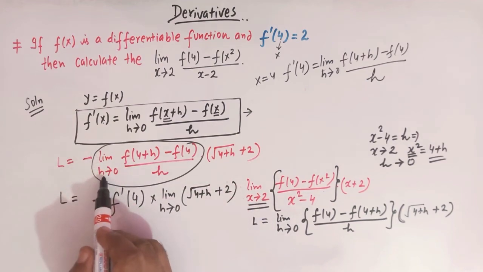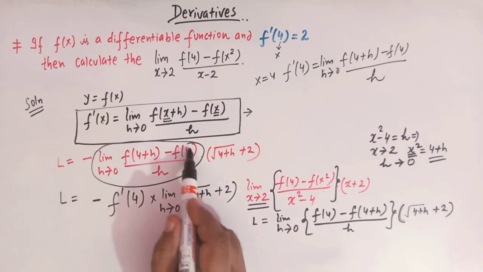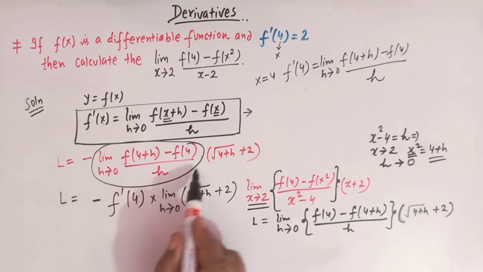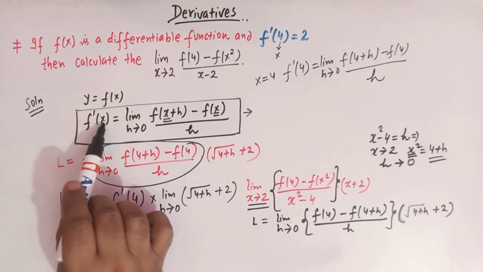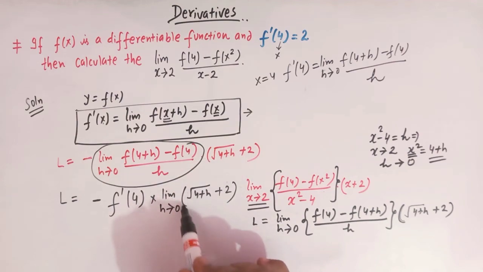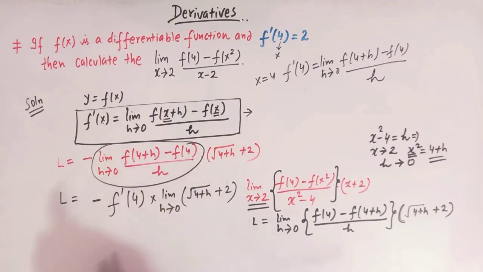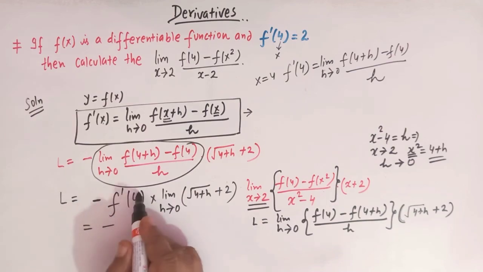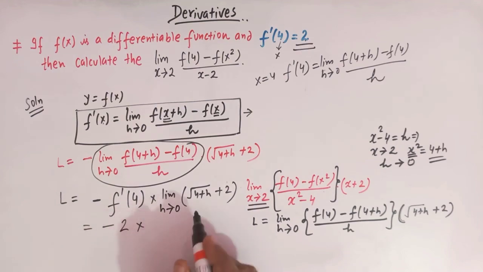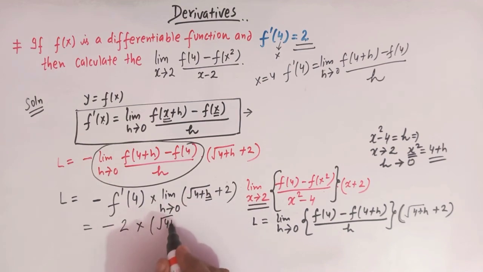So this limit will distribute over these two expressions. This expression is equal to the derivative of f of x at x equal to 4, and then we have the limit h tends to 0 of square root of 4 plus h plus 2. Now f prime of 4 is given as 2, so here we can write 2, and if we compute this limit by taking h equal to 0, we have square root of 4 plus 0 plus 2.